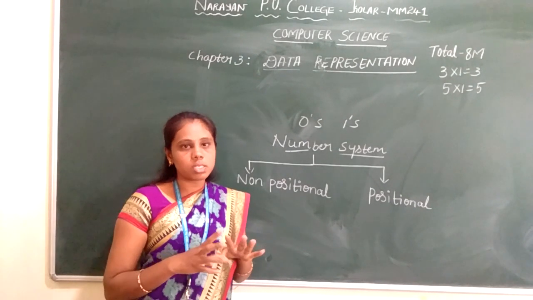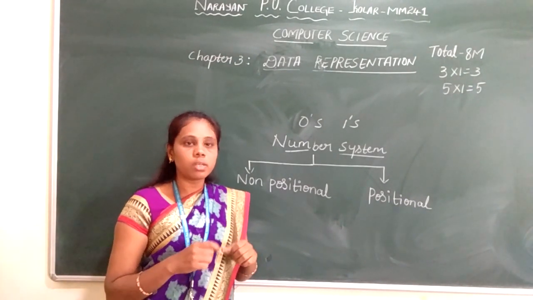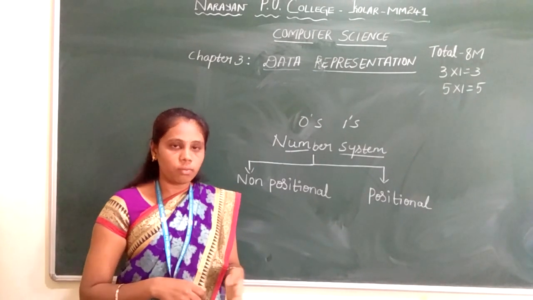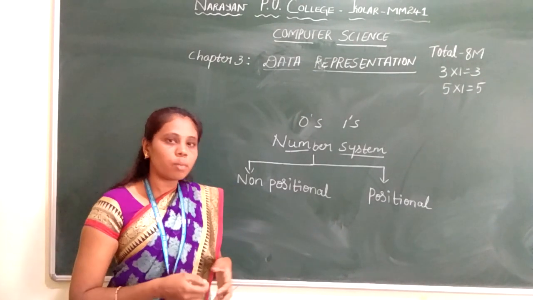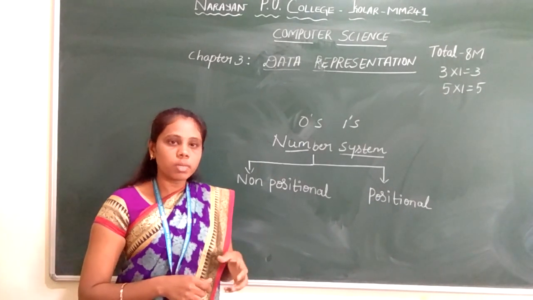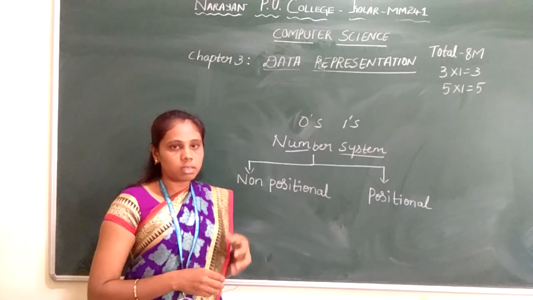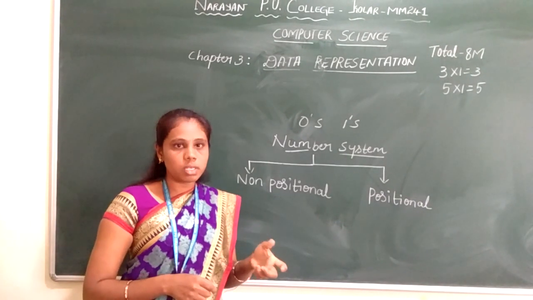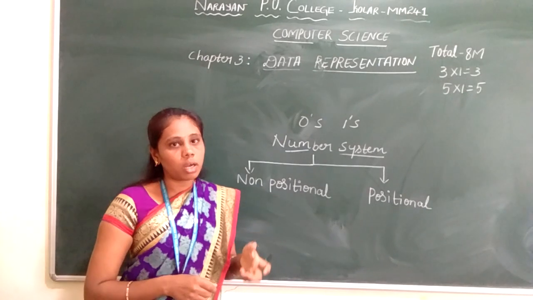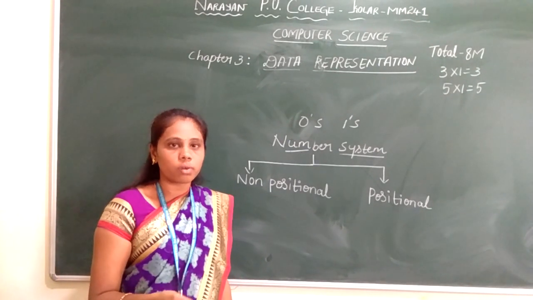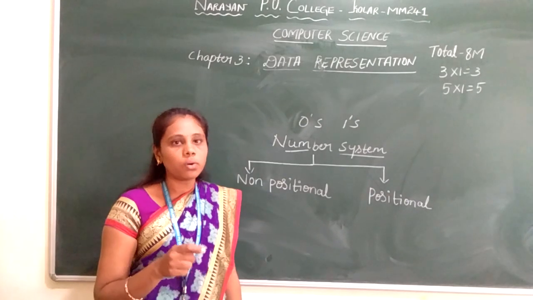When these 10 fingers were not enough, they started using stones, pebbles or any symbols for their identification. But this is the main drawback of the non-positional number system, because the symbols are not easy to understand, or not easy to remember when it goes to a larger number of things.